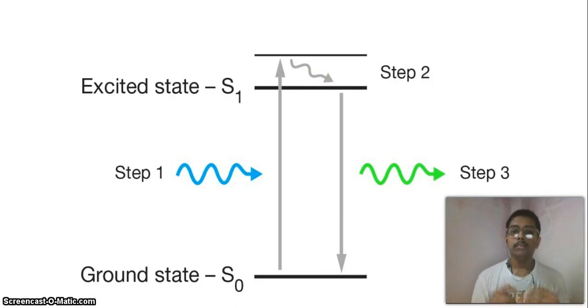Now, whatever I have said, a fluorophore is an organic molecule which has the characteristics to make these things happen. This is called the fluorophore. Each fluorophore has a different excitation light and emission light, and emission light will be dependent upon the excitation light.